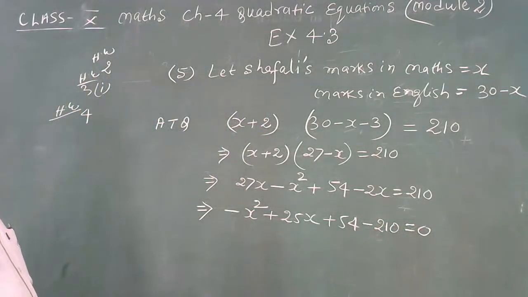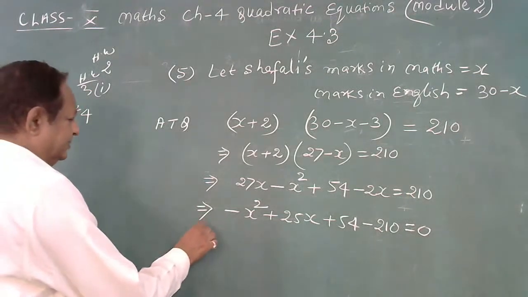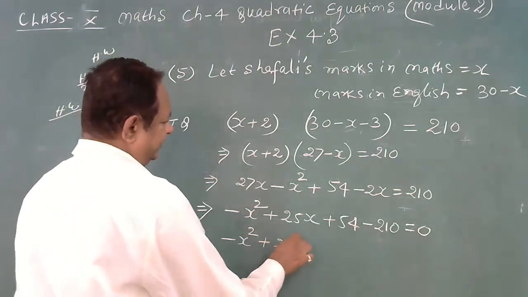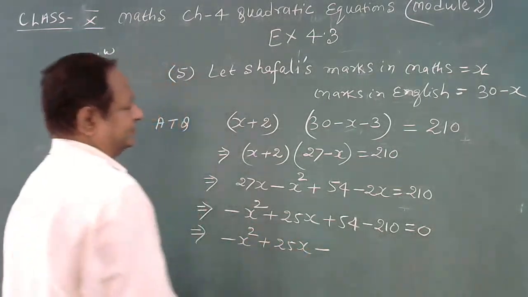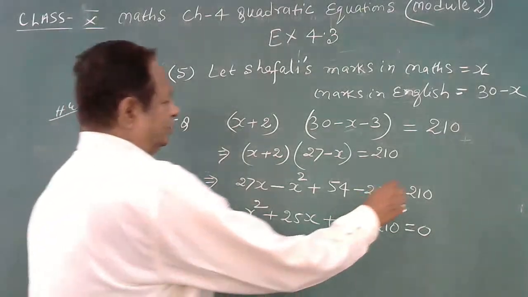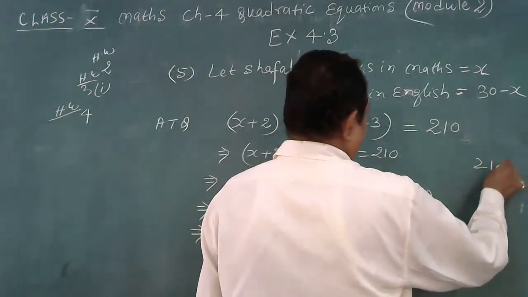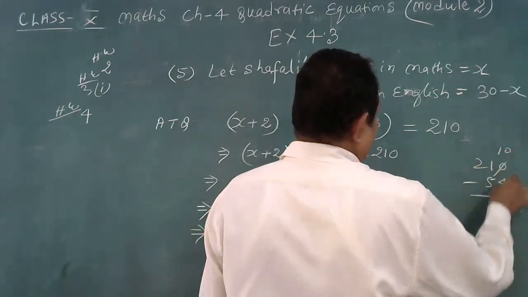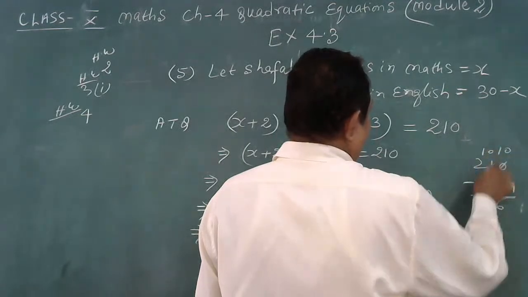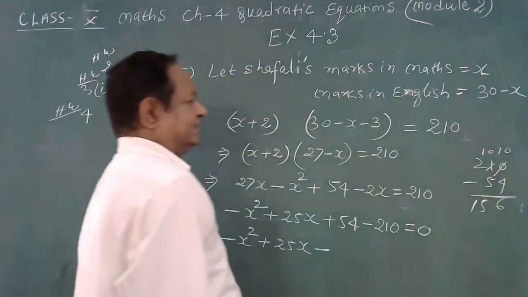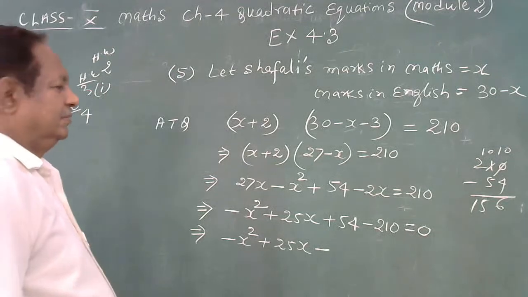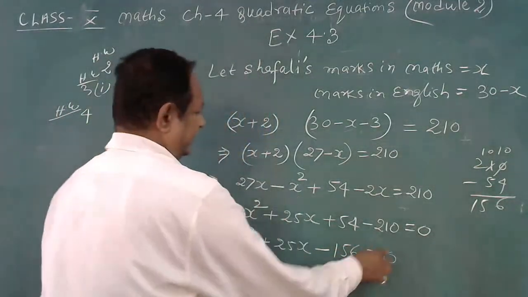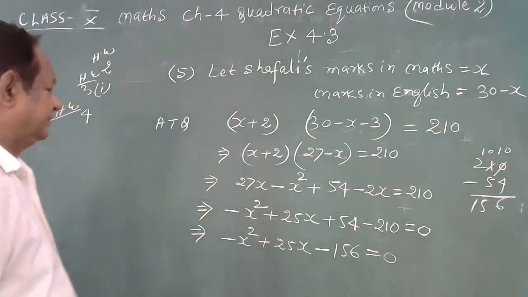Rearranging the terms, this implies that minus x square plus 25x minus, subtract 210 and 54, that is 156, minus 156 is equal to 0.